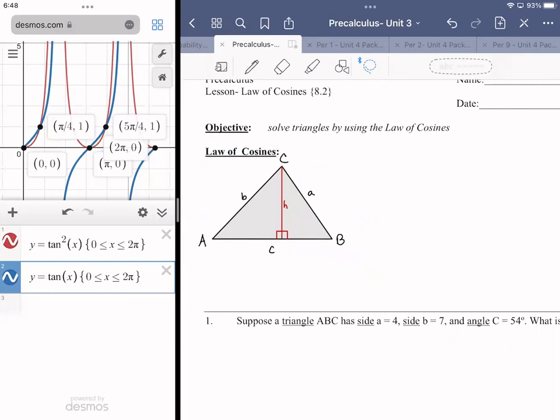I can determine things like a sine ratio or a cosine ratio or even a tangent ratio, right? But I would also need some way of coming up with the length of the base itself. Now I know the whole thing is c, but that doesn't tell me what these two missing pieces are, right?